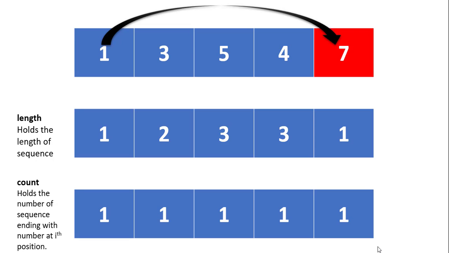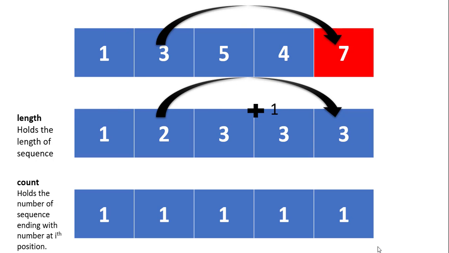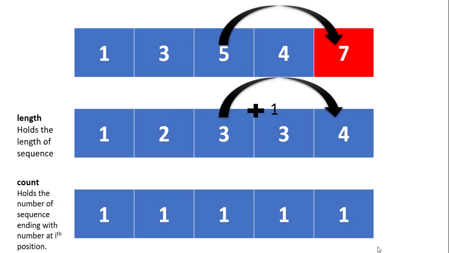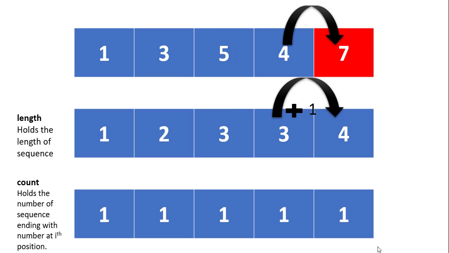Now for every value before 7 we will compare it and put that length plus 1 into the length of i. We will do this for all the values, and here at 5 we see that the length is 3. So what we do is plus 1 and we put 4. Now we come to 4. Now here is the logic for count. We see that the length is already 4.